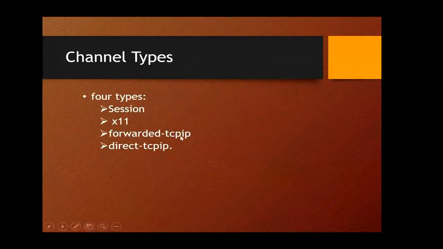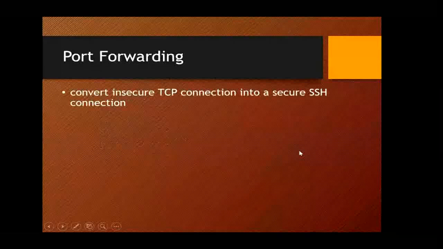The third one is the forwarded TCP IP, which is basically remote port forwarding. And the direct TCP IP is local port forwarding. Let us look into what remote port forwarding and local port forwarding are. Before that, we need to understand what port forwarding is.